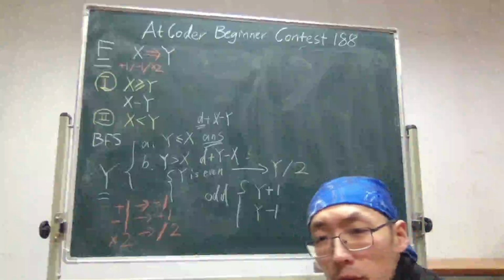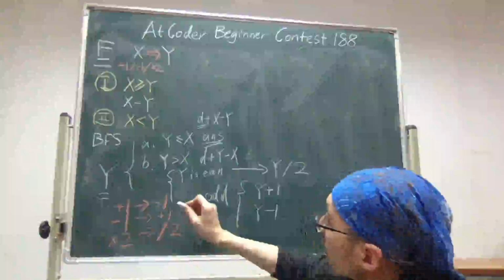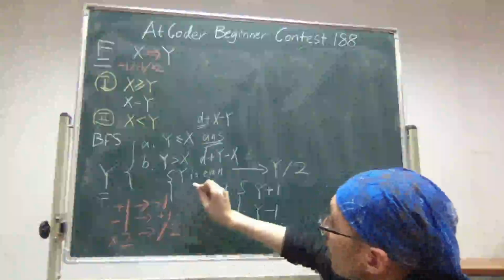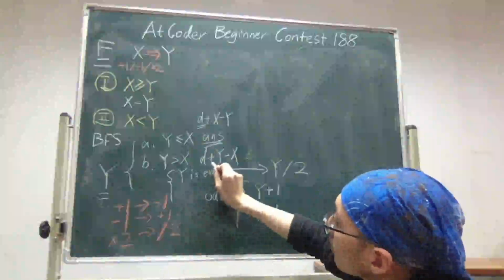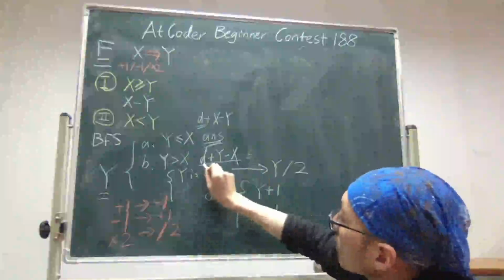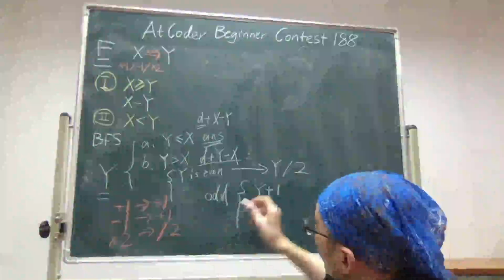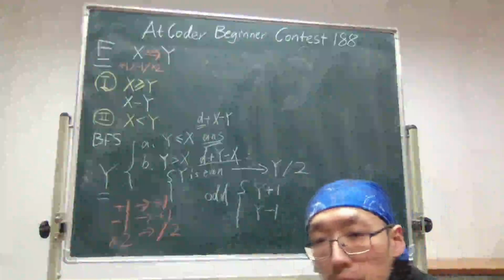And what if we choose minus 1? We don't need that because we have already considered that at this point we use d plus y minus x. So we only need to consider y divided by 2.